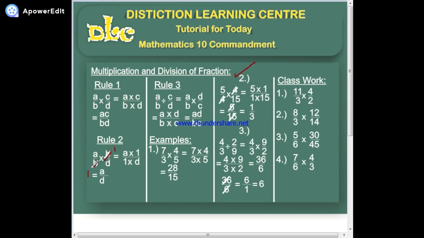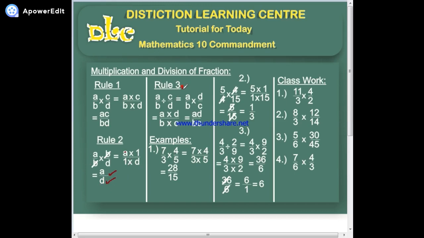So what is now left is A times 1, where you multiply this A by this 1, and 1 times D, where you multiply this 1 by this D. That is how we arrive at this expression. Then you simplify: A times 1 gives us A, and 1 times D gives us D. So that is what rule 2 is explaining.